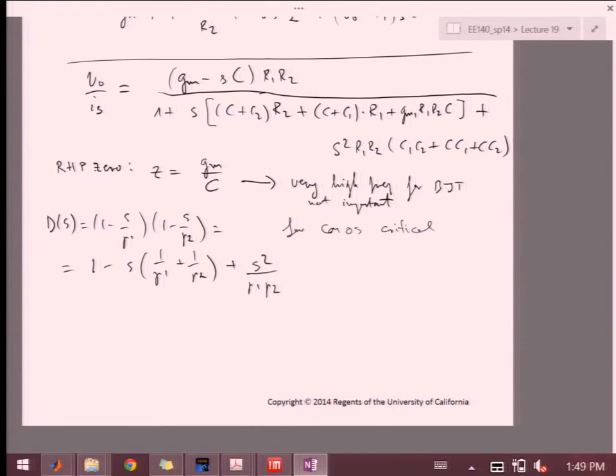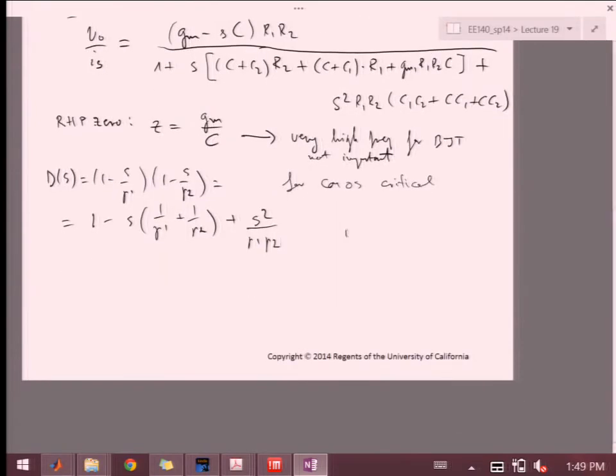Okay. So if p2 is much greater than pole 1, say 5 or 10x, then we can read out simple things about this. So this is the same as OCTC for at least pole 1.